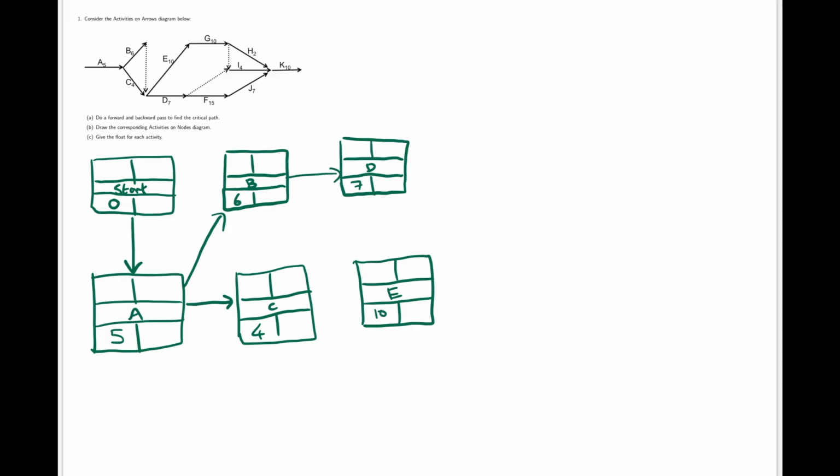Both D and E have C as a prerequisite, but due to this dummy arrow here, they also have B as a prerequisite. Like so. G only has E as a prerequisite.